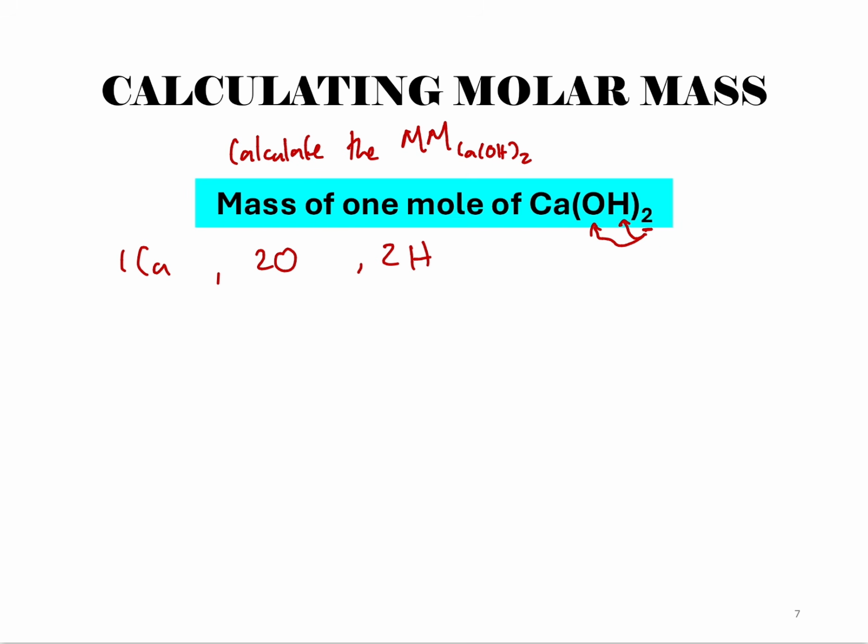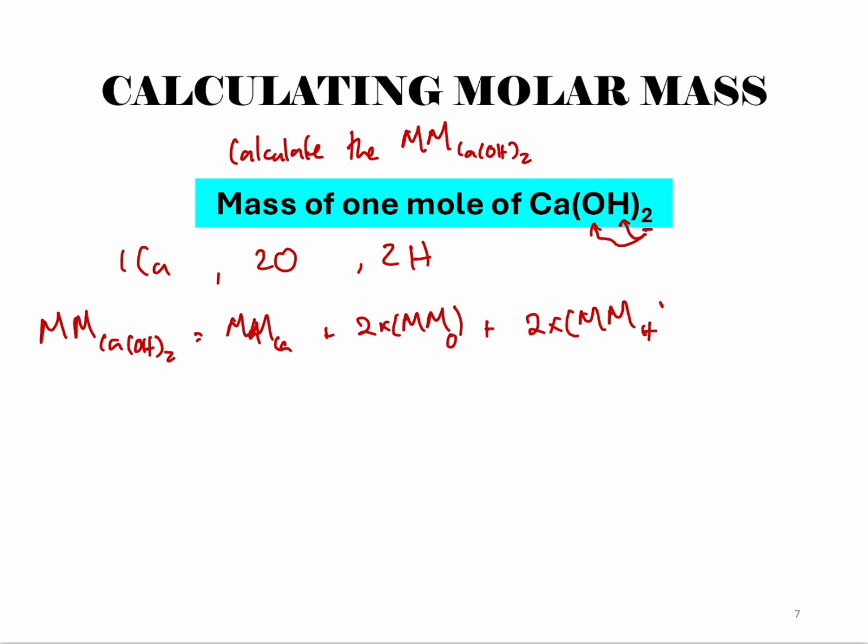And so that means that the molar mass of this entire molecule is going to equal, I'll do it in order that I put it up here, the molar mass of calcium, plus 2 times the molar mass of oxygen plus 2 times the molar mass of hydrogen.